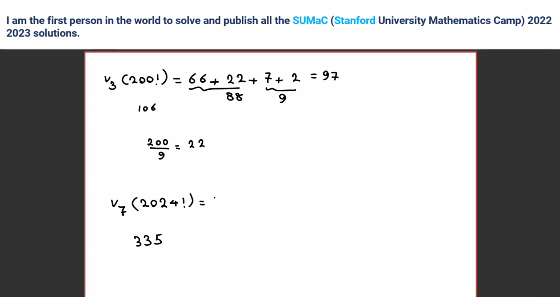When you divide by 7, you say 2, 7, 14, 289. Then you divide it by 7, 41. Then you divide it by 7, 5. So 41 plus 5 is 46, plus 289, 335.